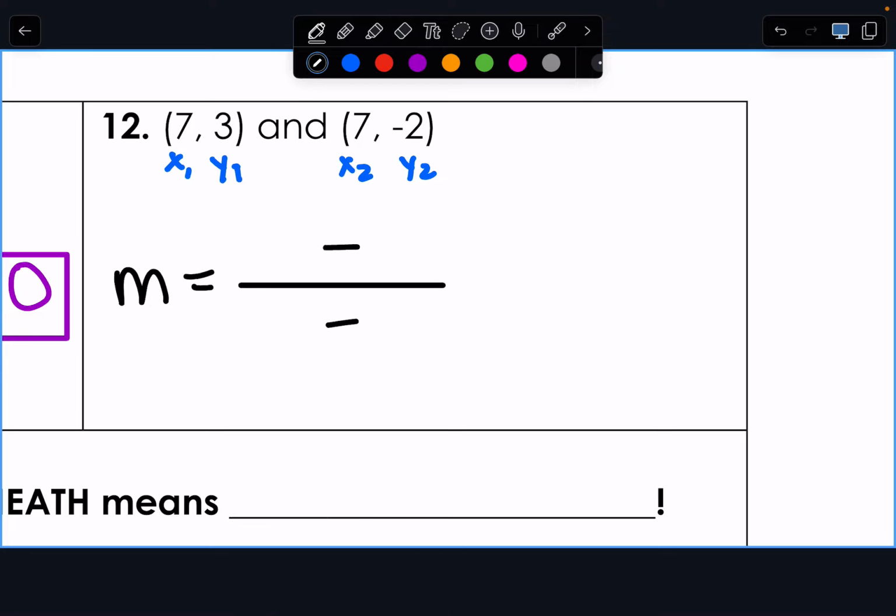If I set up number 12, my y2 is negative 2 and y1 is 3. So I have negative 2 minus 3 for my rise. What's my x2? 7. What's my x1?